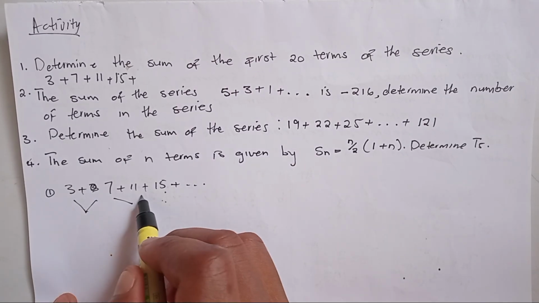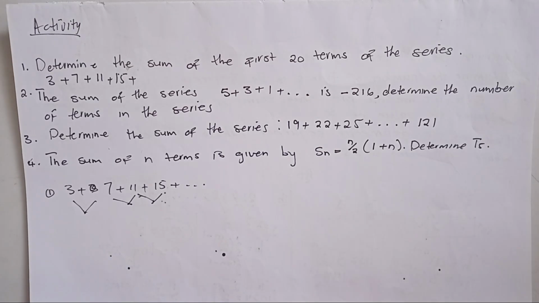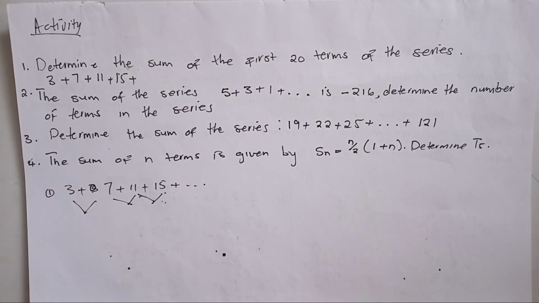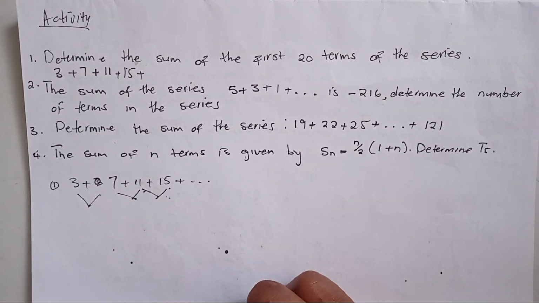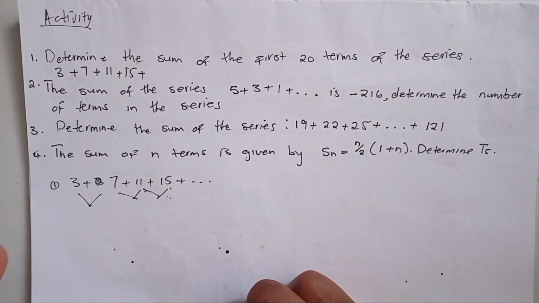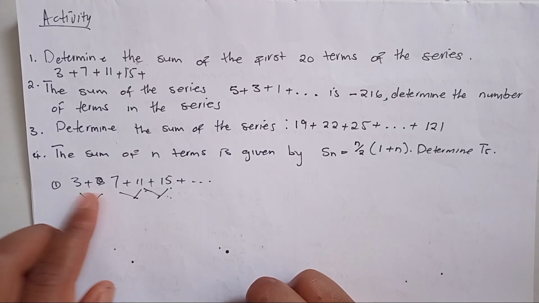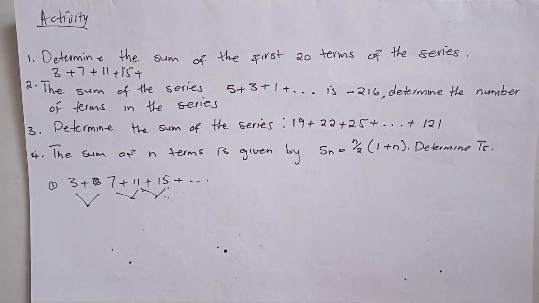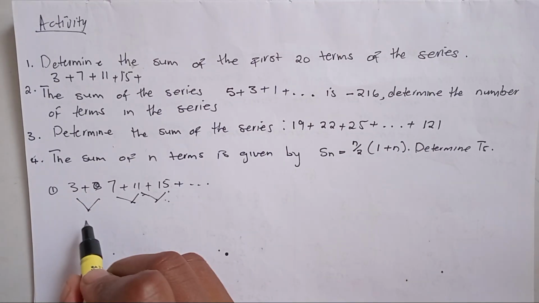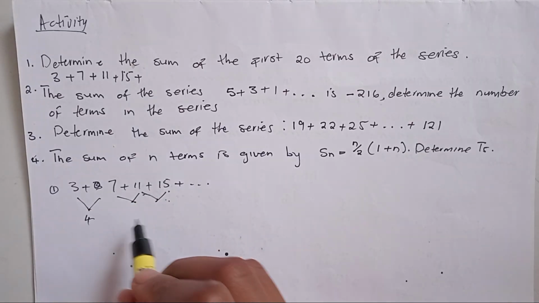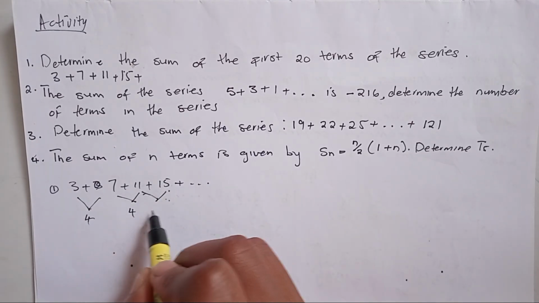First thing first, you have to check what type of series this is. When looking at this one, we initiate by checking if it's quadratic, linear or arithmetic. 7 minus 3 is gonna be 4. 11 minus 7 is gonna be 4. 15 minus 11, 4.